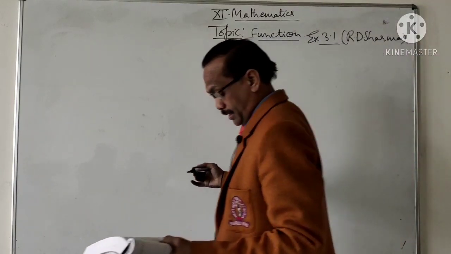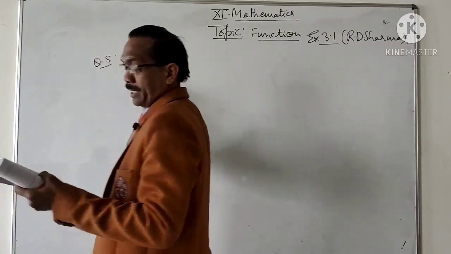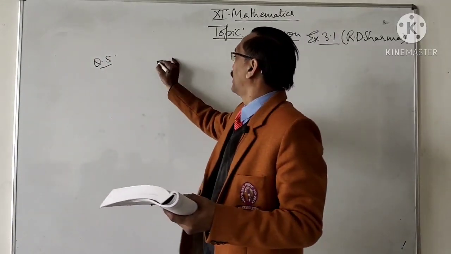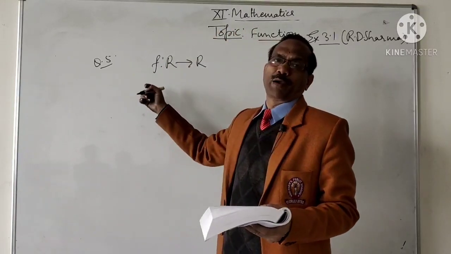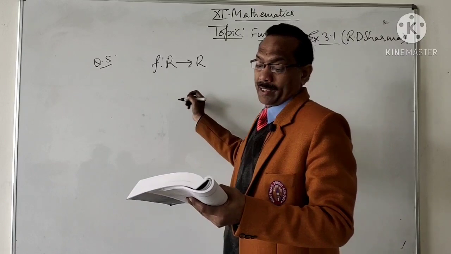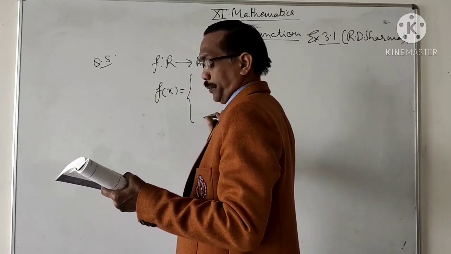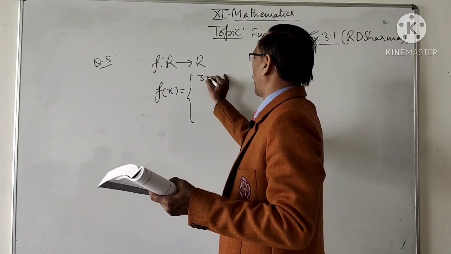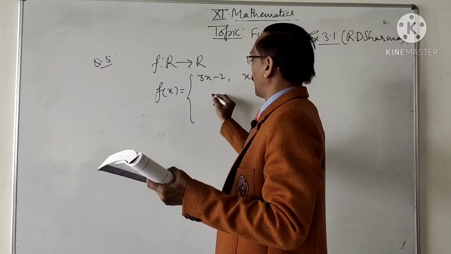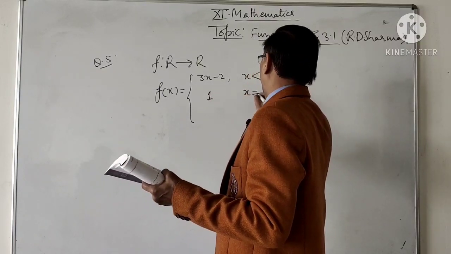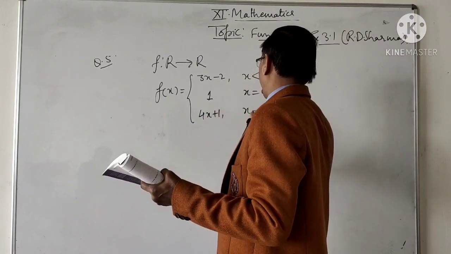Student, next is question 5. Your question is, a relation f is defined from R to R, and it is defined as f(x) equal to 3x - 2 when x is less than 0, it is 1 when x equal to 0, and it is 4x + 1 when x is greater than 0.